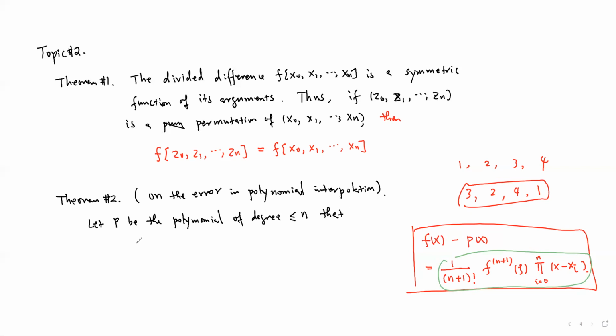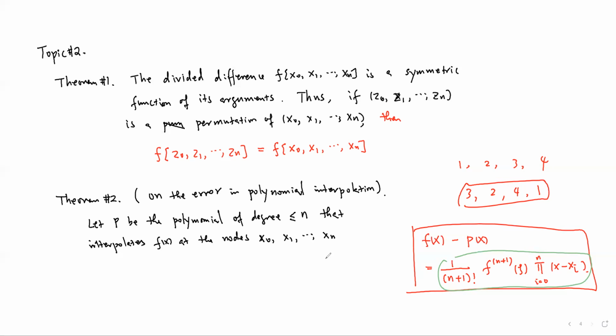Then P interpolates function f at the nodes x0, x1, up to xn.